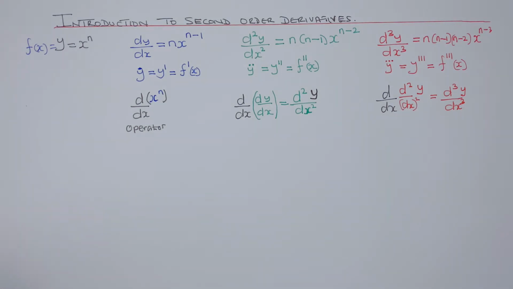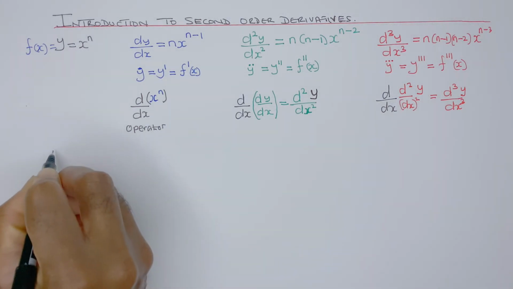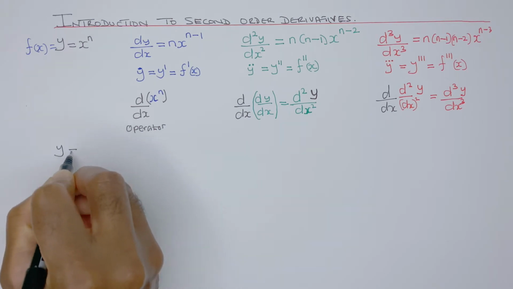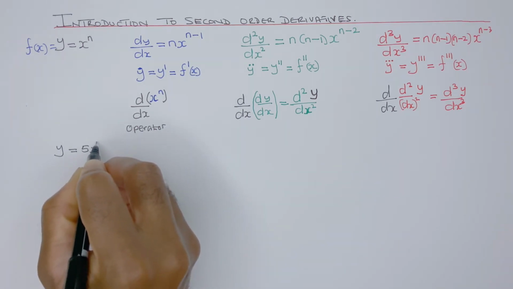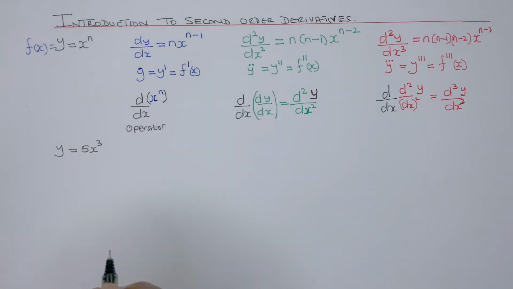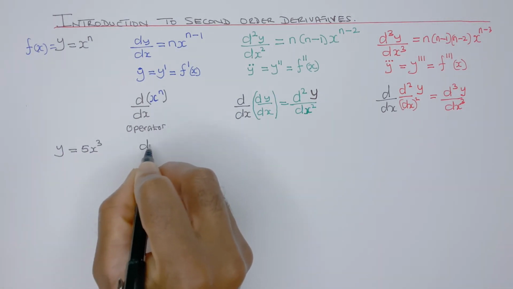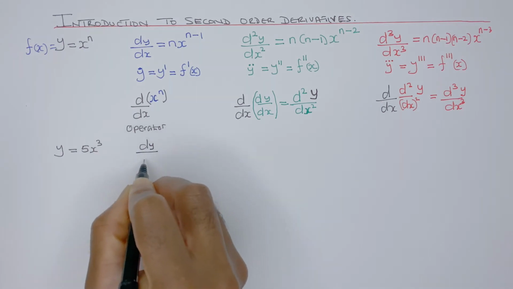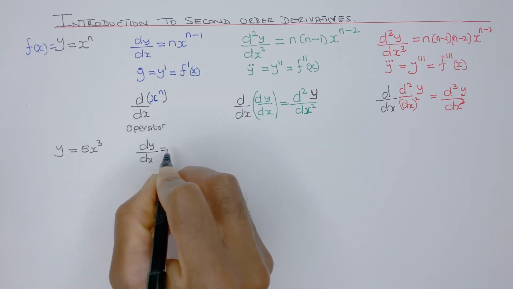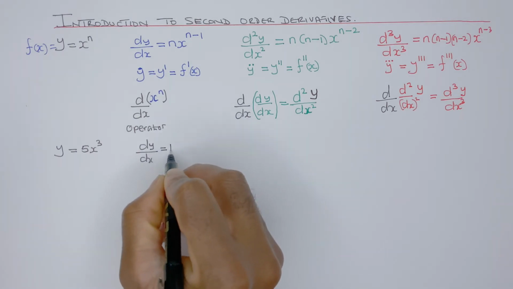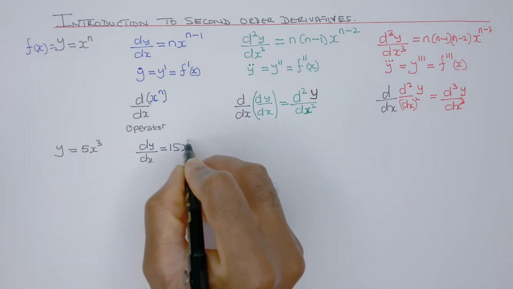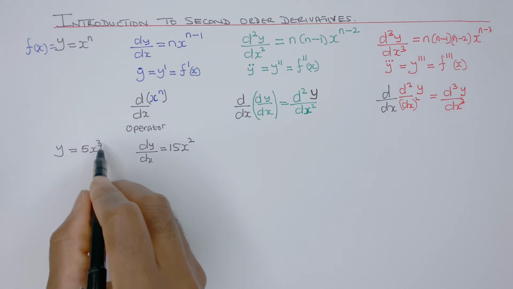So let's do an example. If y equals 5x cubed, then dy over dx will be 3 times 5, that's 15x squared, 3 minus 1.